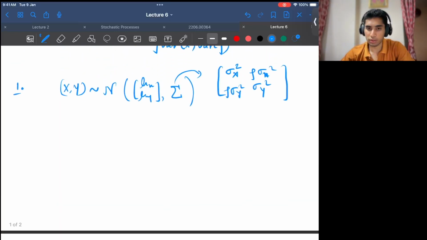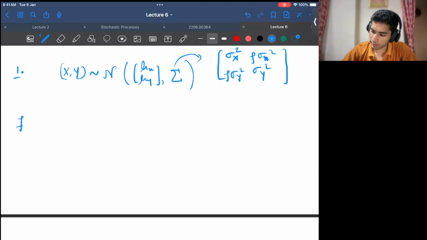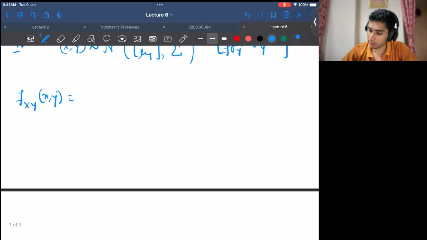So it's a jointly Gaussian random variable, X comma Y, and it's given to you that its density is as follows.